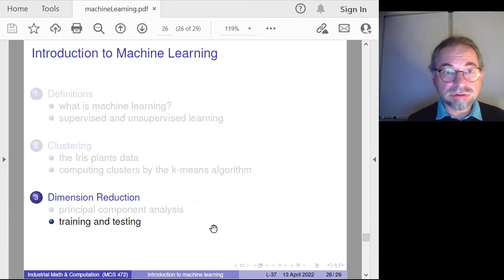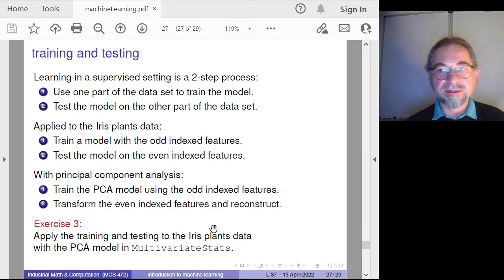Okay, so training and testing. So we are kind of commingling here supervised and unsupervised. So we have actually a supervised data set, where we know the correct answers. So how can we use this to train a model? We take a subset of the data.